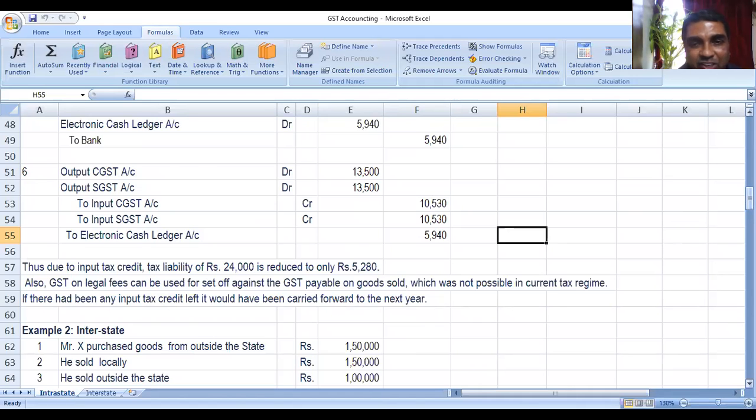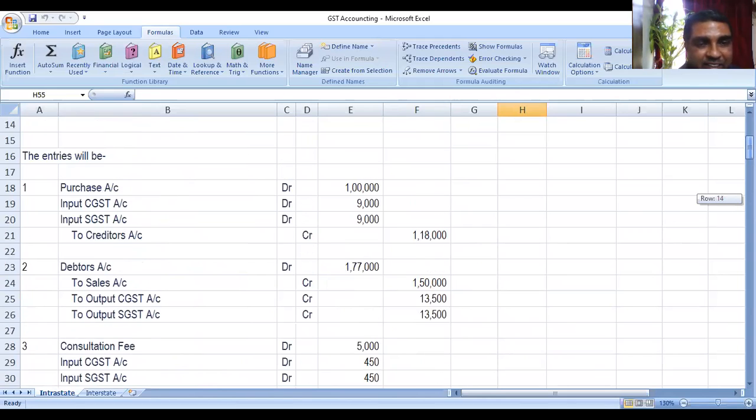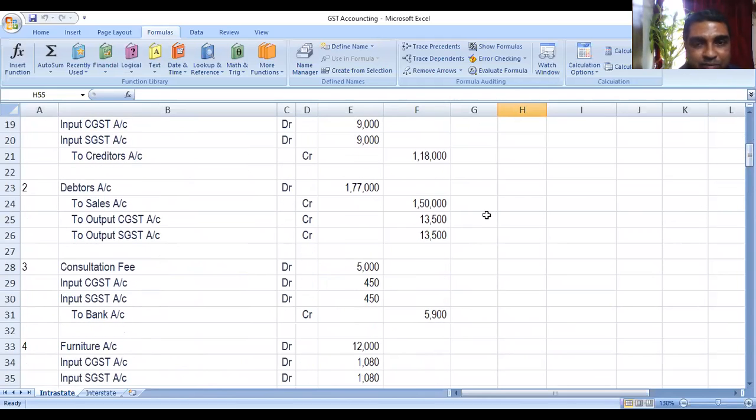Yes, sir. So ultimately, your entire GST liability was how much? 13,500 and 13,500, both taken together, how much? Who can tell me? So 27,000. But 27,000 was your liability.